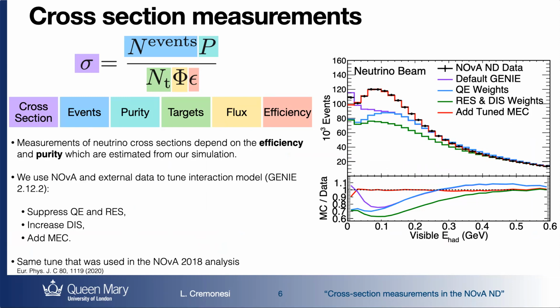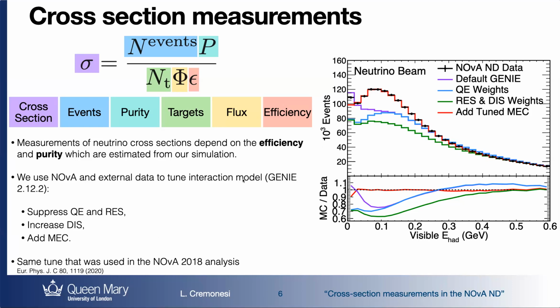This is because we didn't know this interaction actually happened until a few years ago, and the few experiments that had made neutrino cross-section measurements weren't measuring in the energy range that had these meson exchange currents. NOvA was one of the first experiments to look at these. So with this version of GENIE, we need to apply some corrections to suppress a little bit the quasi-elastic and resonant component, increase in the tail the deep inelastic scattering component, and then add the meson exchange model completely, as an effective correction.